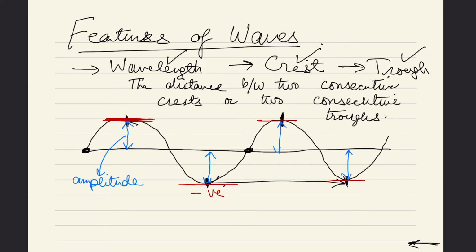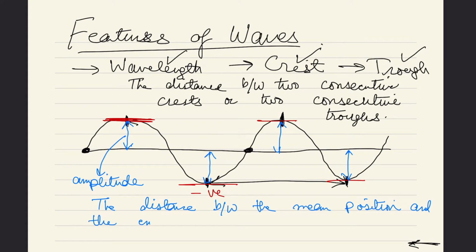By definition, we can say that the distance between the mean position and the extreme position is the amplitude.